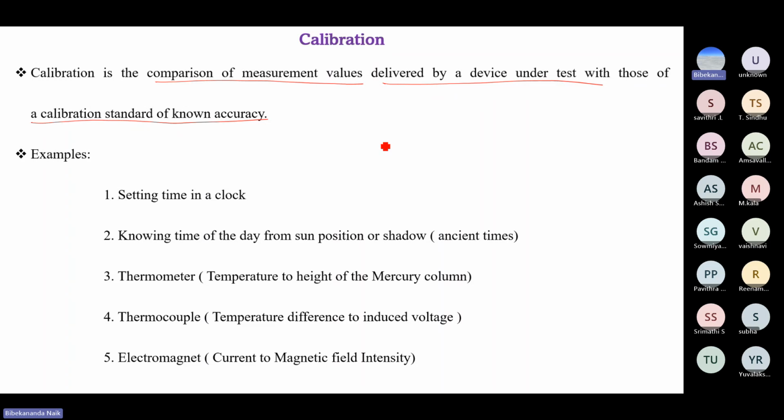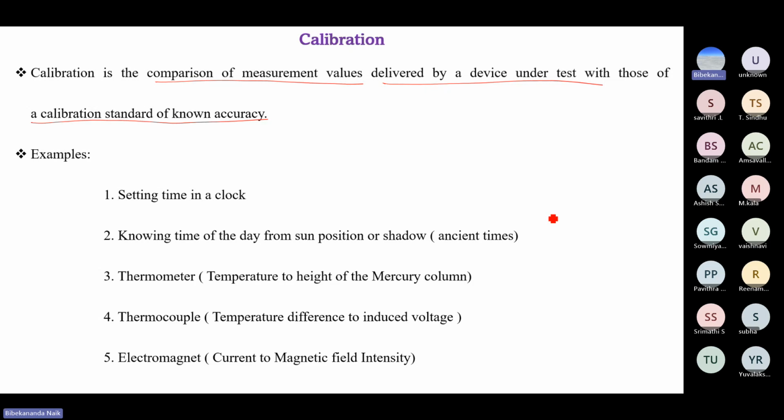Similarly, for example, in the case of a thermometer, there is a mercury column, and this mercury column is calibrated. The height of the mercury column increases as we increase the temperature, so it senses the temperature. Basically it is based on the principle of thermal expansion, and since the mercury column is very thin, we can say it is a property of linear expansion.